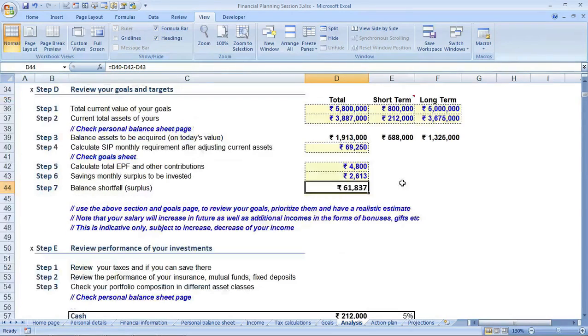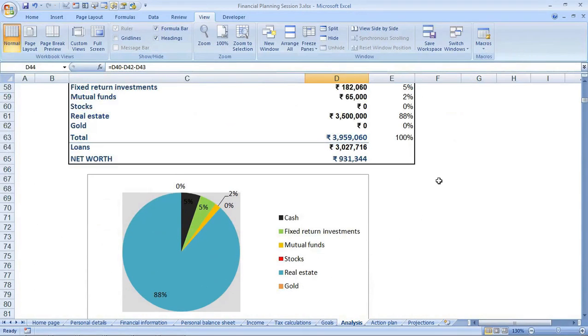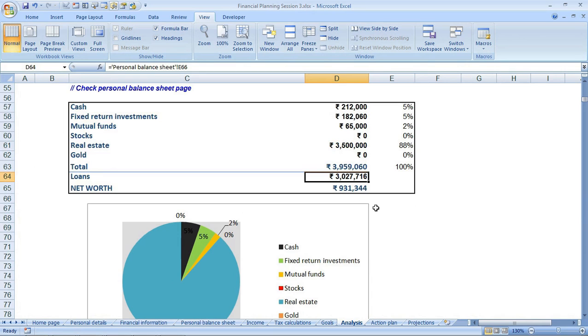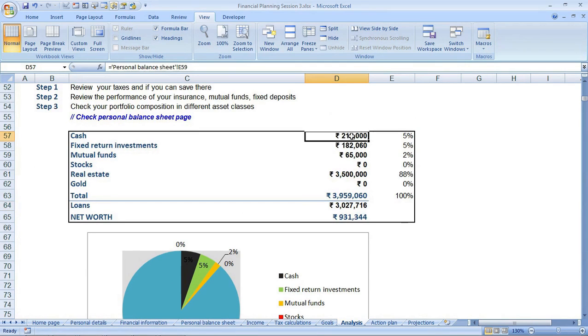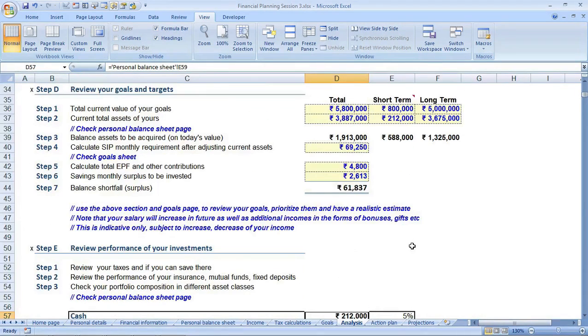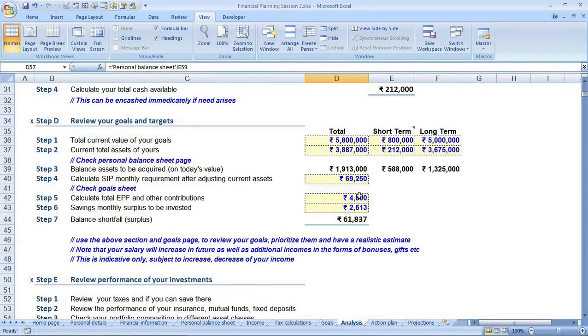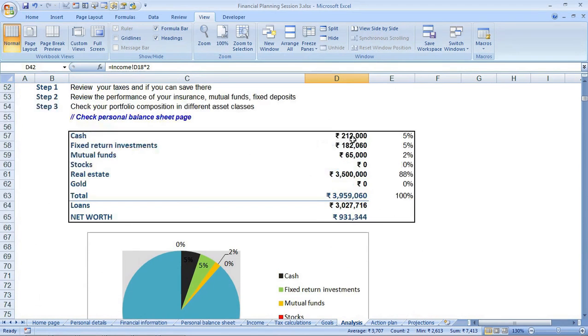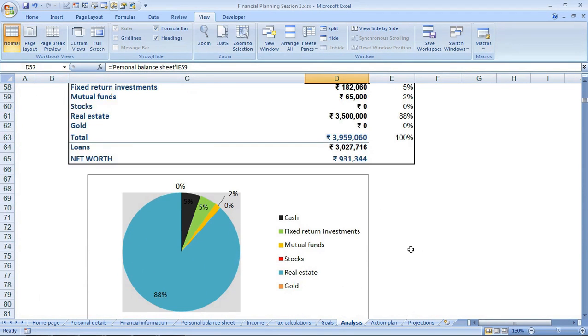Probably what he can do is reduce his loan by paying off with his cash, to release that income, that 10,000 EMI, to start investing. So instead of 7k he could invest 17k. He could use this cash to pay part of the loans.